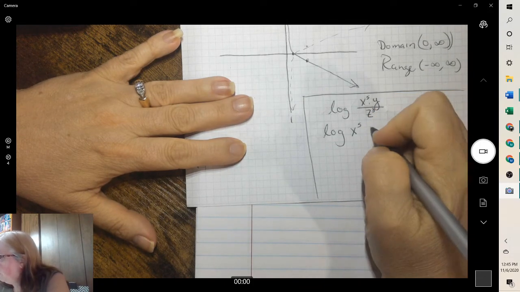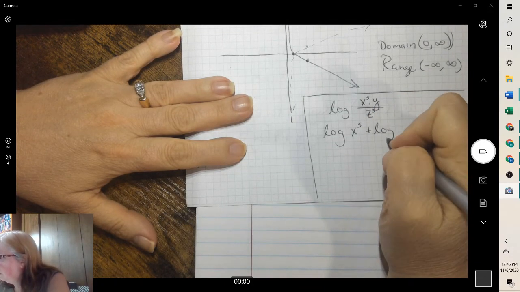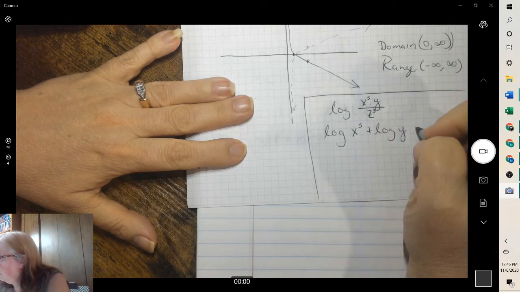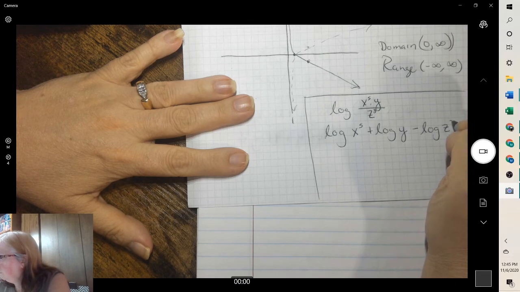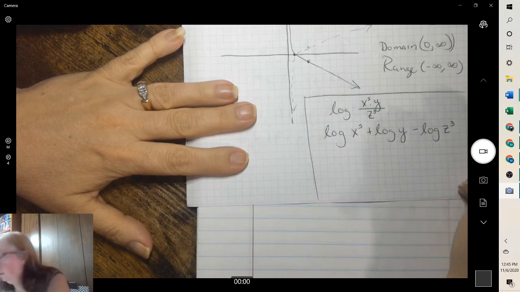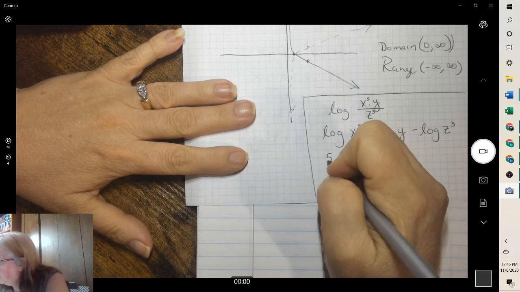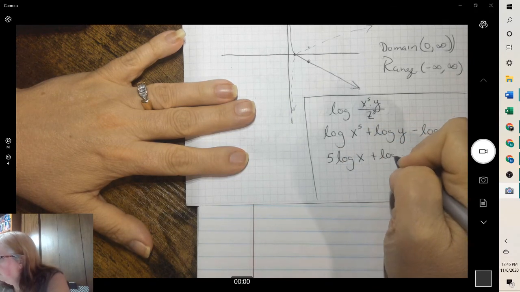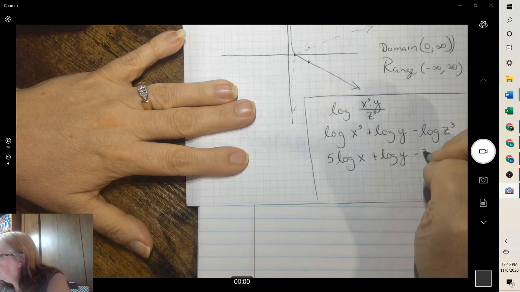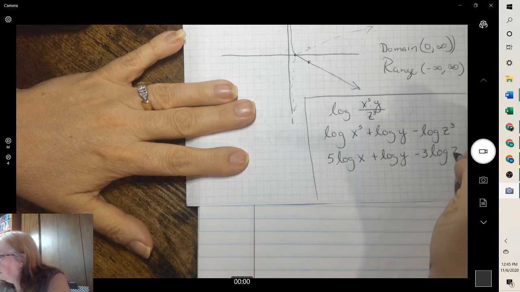This is on top also, so it's a plus. And this is on the bottom, minus. And then bring your values down. So it's 5 log x plus log y minus 3 log z.